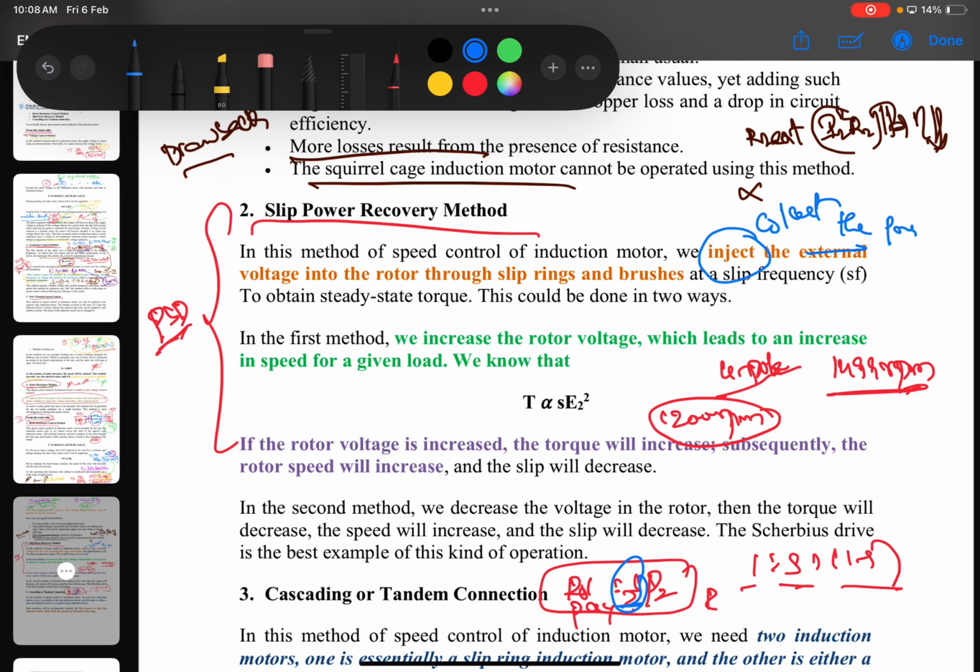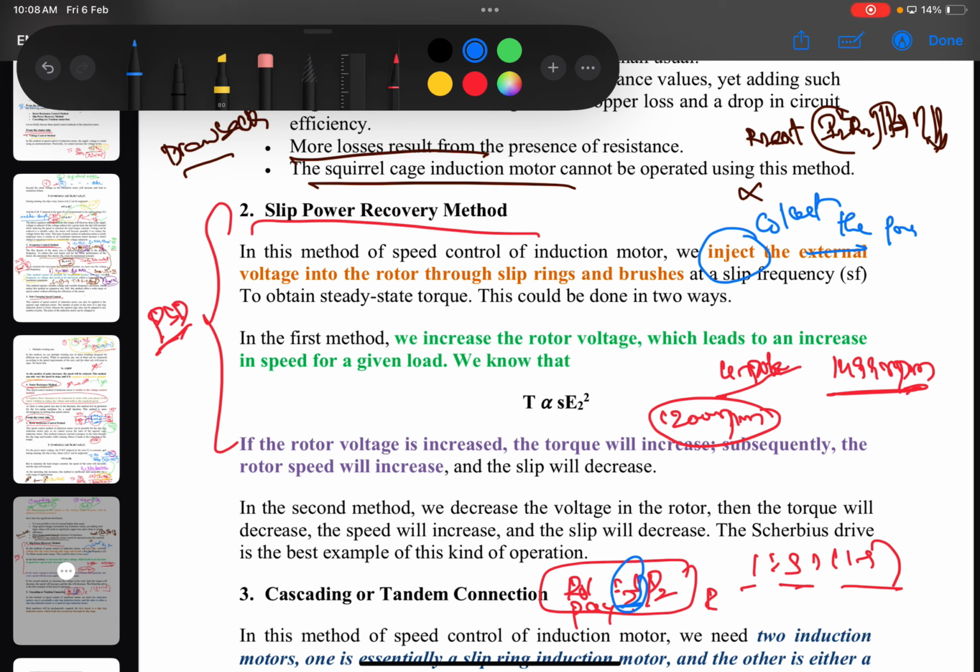By using slip rings, we can collect this extra power, and we can feed it back to the supply and reuse it.